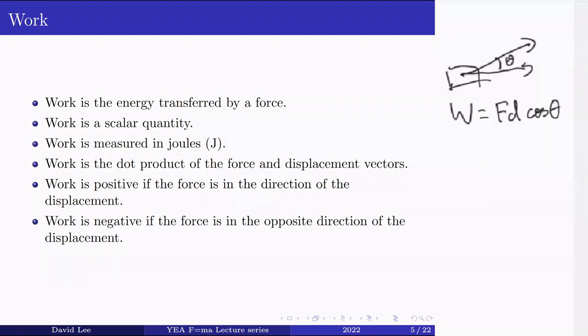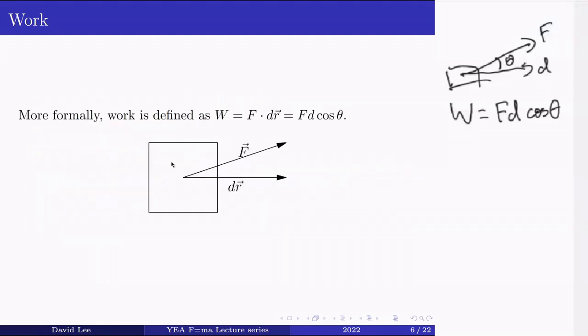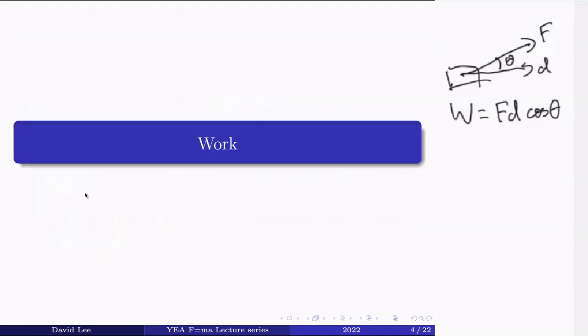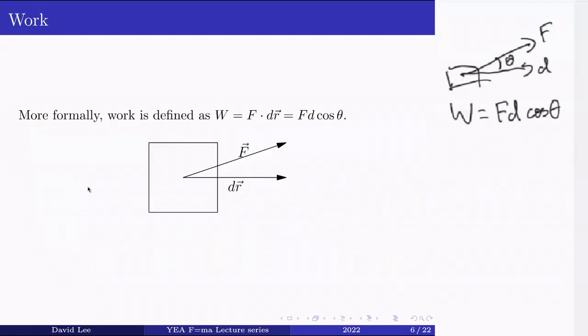It's the angle between the force vector and the displacement vector. It's also in this diagram here. We multiply by the cosine of theta because we only want the component of the force that's in the same direction as the displacement.